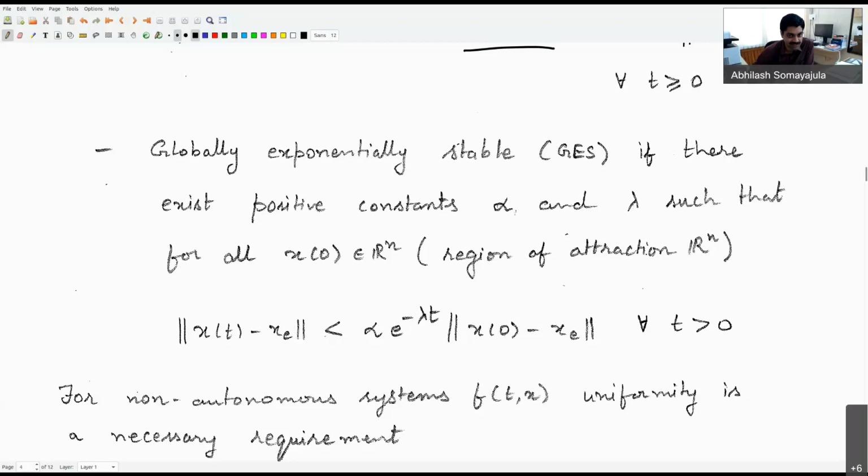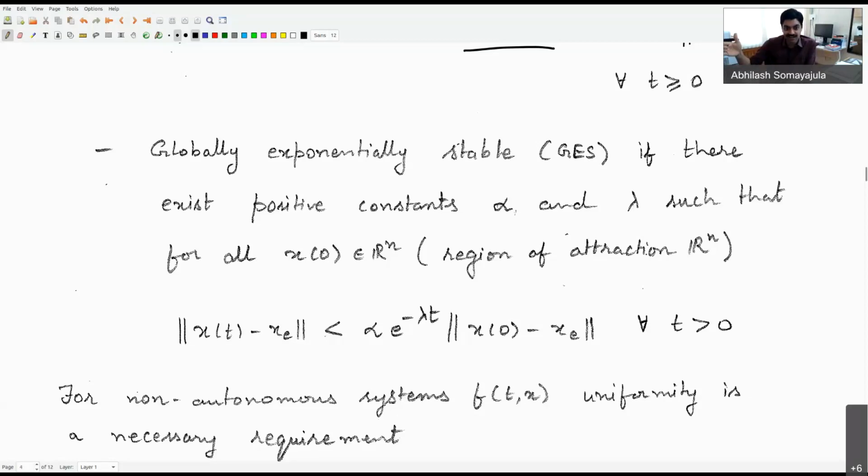Exponential stability gives you the fact that the system is asymptotically stable, and gives you the fact that the equilibrium point is actually stable. Whereas if the equilibrium point is stable, you can't say whether the system will be asymptotically stable or not. Similarly, for a system which is asymptotically stable, you can't say whether it will be exponentially stable or not.